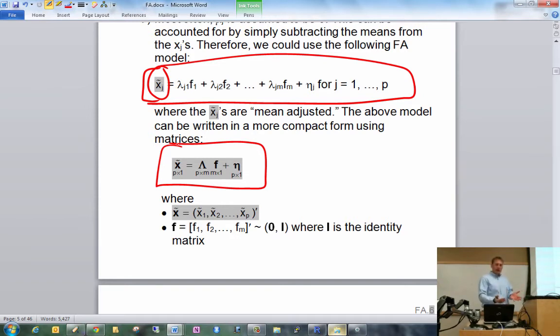Also, in terms of matrices, what does this mean? Well, remember, all these f's are independent of one another. They have mean 0, variance 1. What that says is that f is distributed with a mean vector of 0 and a covariance matrix of I, the identity matrix.